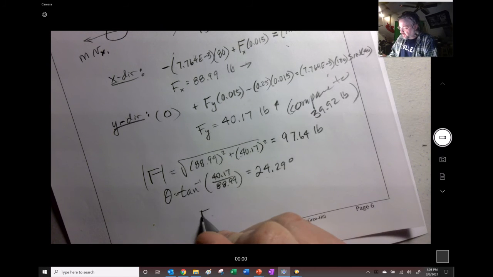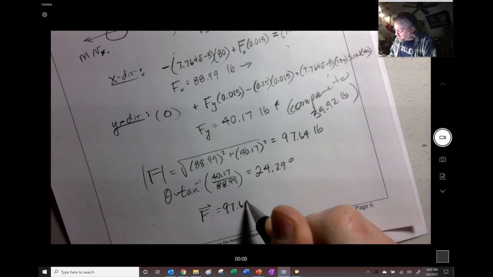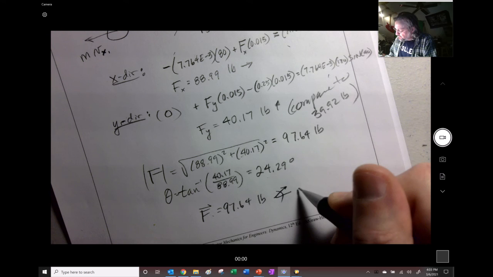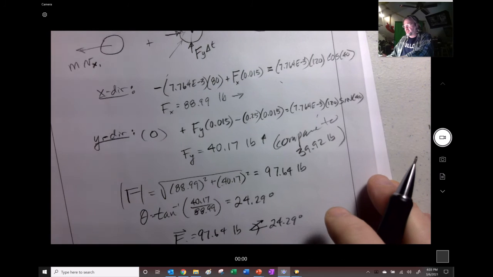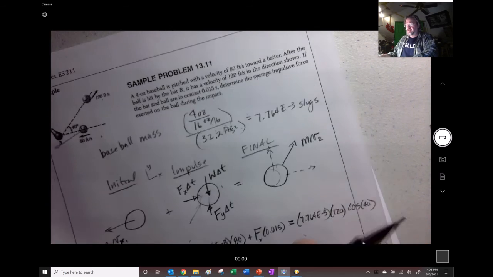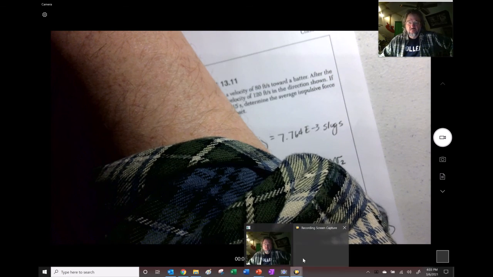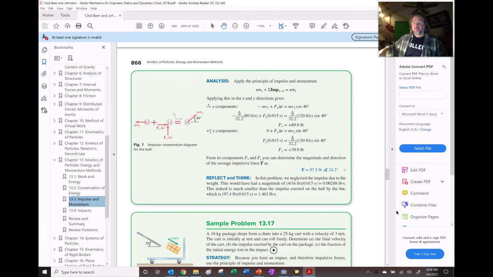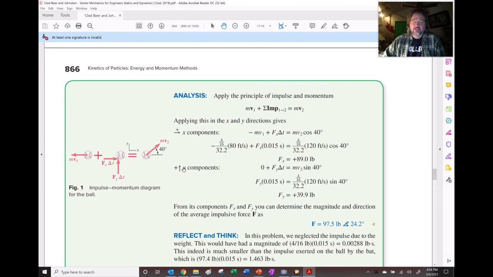So that's the answer to this problem. Let's check and see what they did in the book. This is supposed to be example problem 13.11. Let's check it out. I'll pause it and then pull up a copy of the book right here. Okay, it appears that in this edition, this is example problem 13.16.